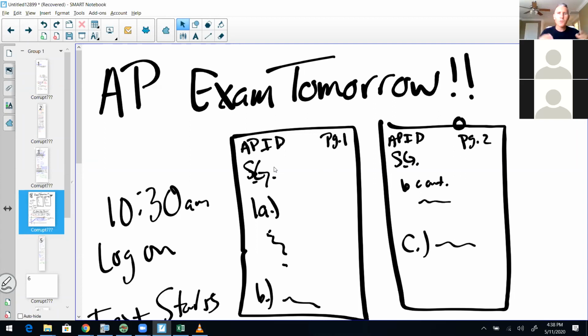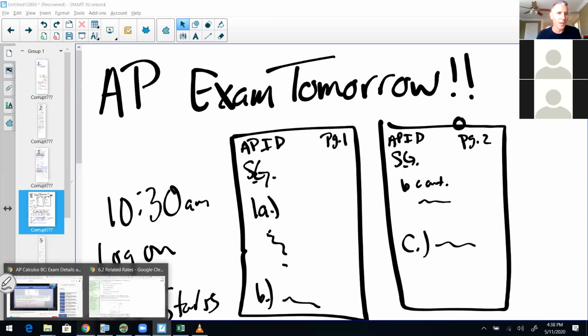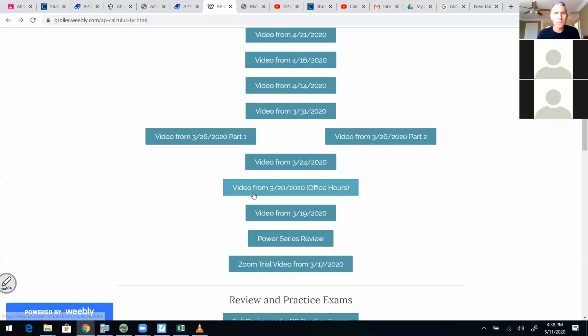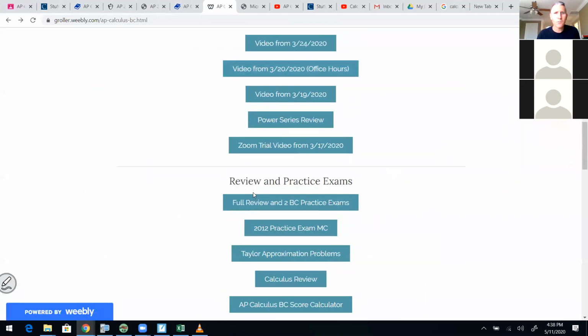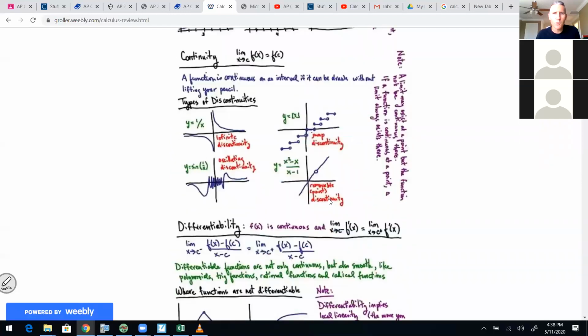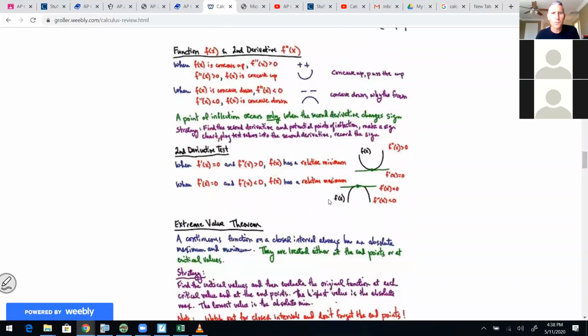Set timers, do the things that you have to do to make sure that you got it going on, and print out if you want to, or have different sites up, maybe on your iPad or tablet, whatever different things that you want to access. My website is decent in terms of a quick review of everything all the way through.